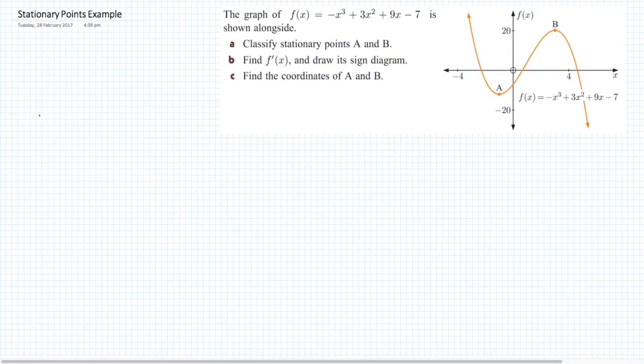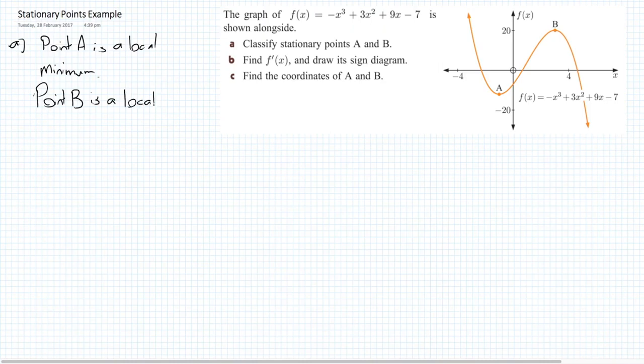So we could say that point A is a local minimum, and that point B, in this case it's looking like that, is a local maximum. So that's the answer to part A.